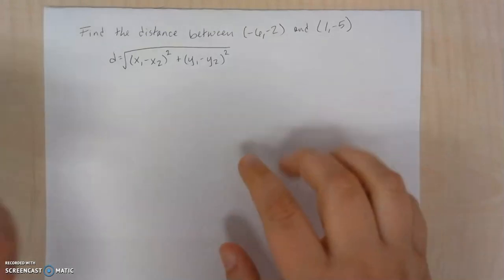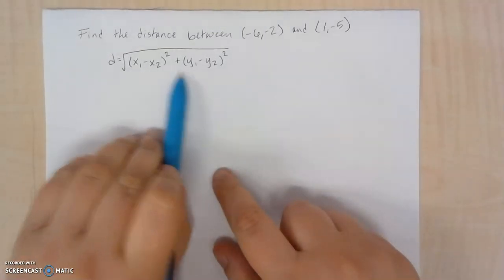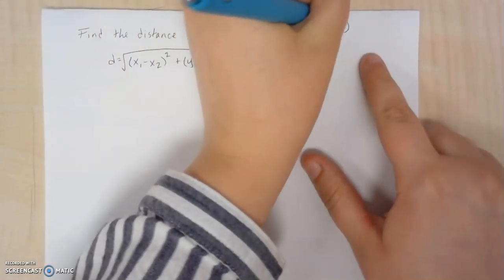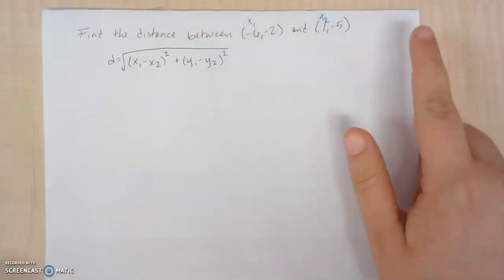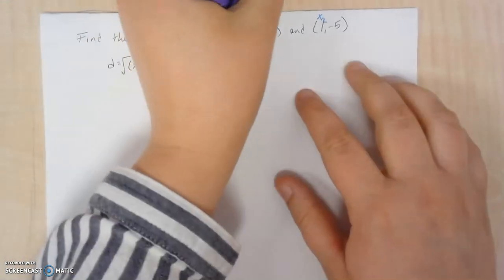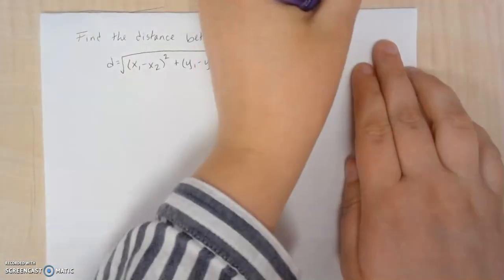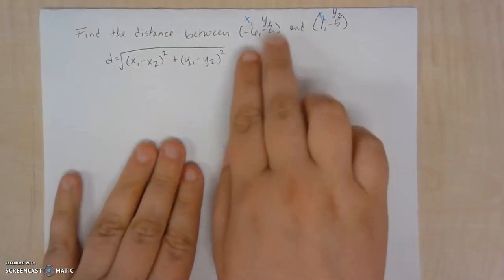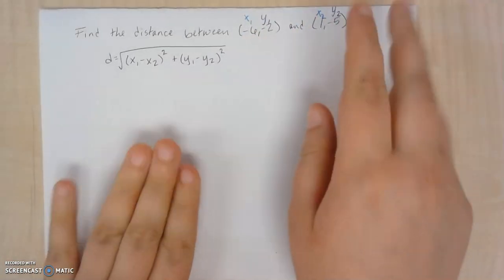So, we're going to go through, and I'm going to label x1 and x2 and y1 and y2. So, this coordinate point is x1, y1, right? And then we've got x2 and y2. So I'm just going to plug them in as I wrote them. It doesn't matter which one you choose to be x1 or x2, they just have to be consistent.